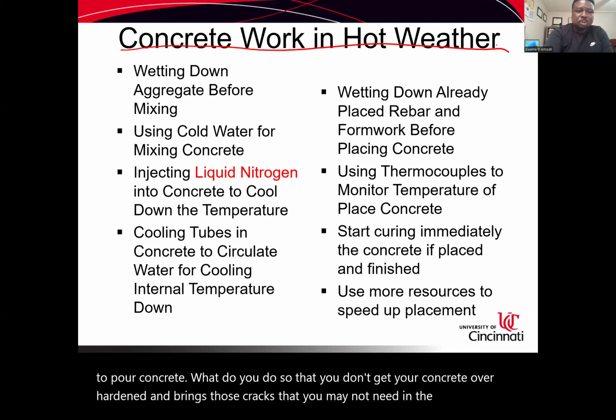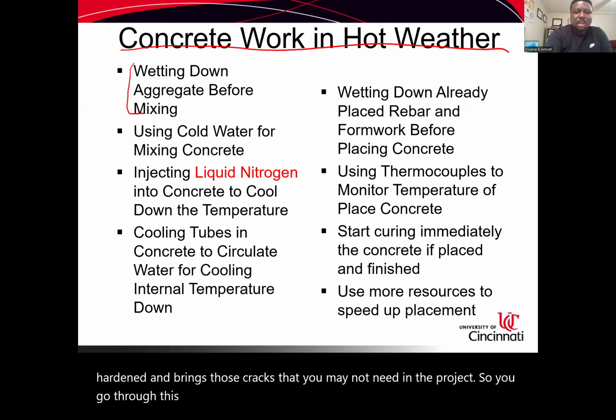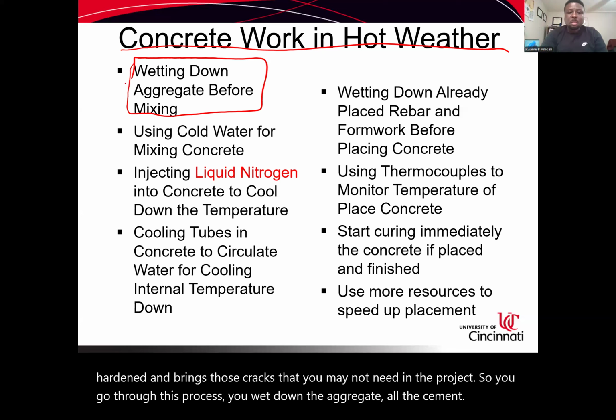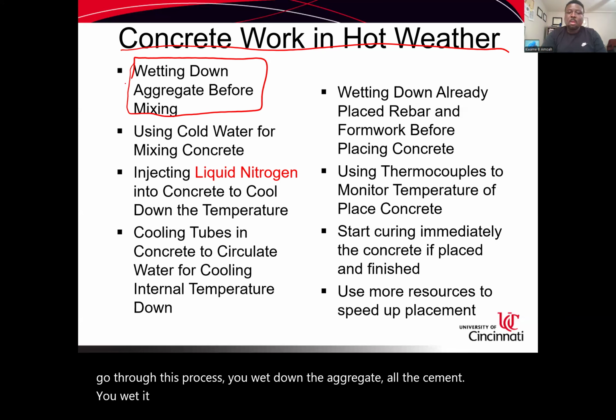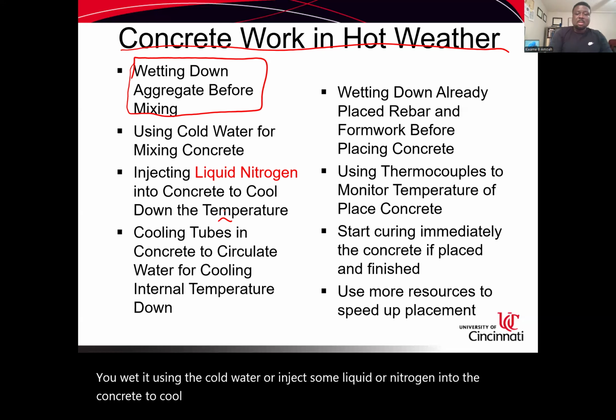So you go through this process. You wet down the aggregate or the cement sand that you need. You wet it using cold water or inject some liquid nitrogen into the concrete to cool down the temperature. And then you use, again, the cooling tubes to cool down the concrete.